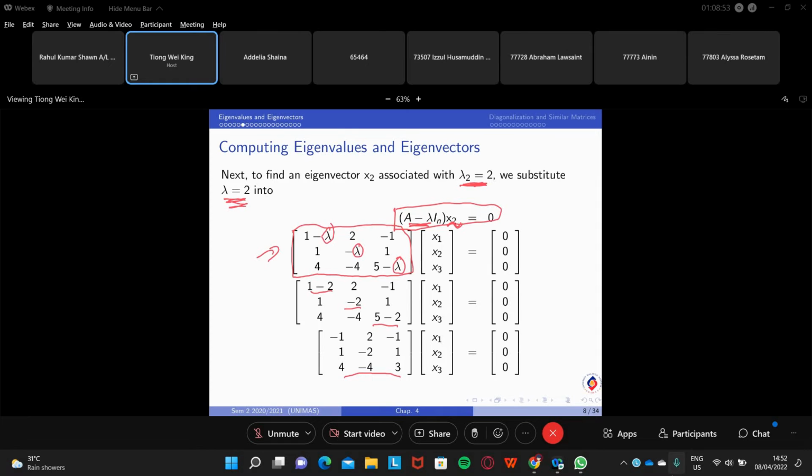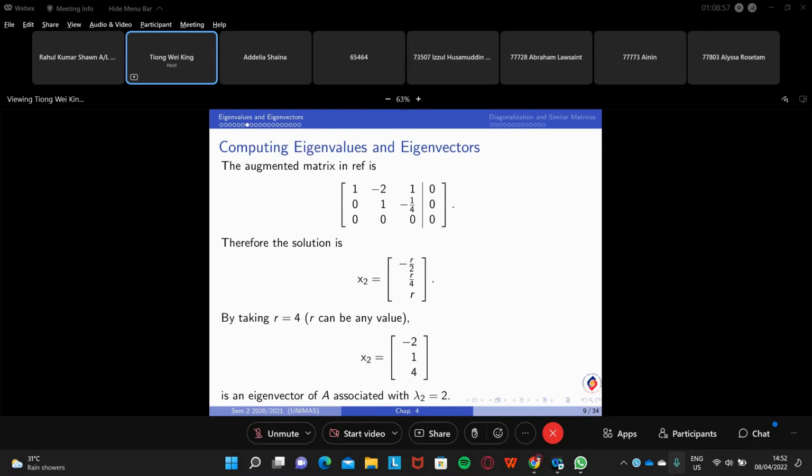Again, you need to do the same thing. Use Gaussian elimination, reduce it into RREF, and then you solve it. This is the eigenvector in general form. Again, we need to choose R so the eigenvector is in value form, not in general form. Since we have a fraction with denominator 4 here, we choose R equals to 4.